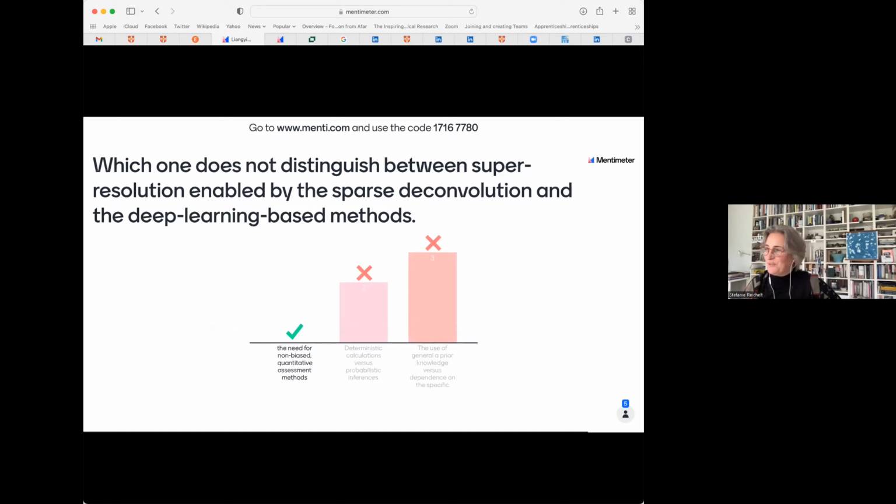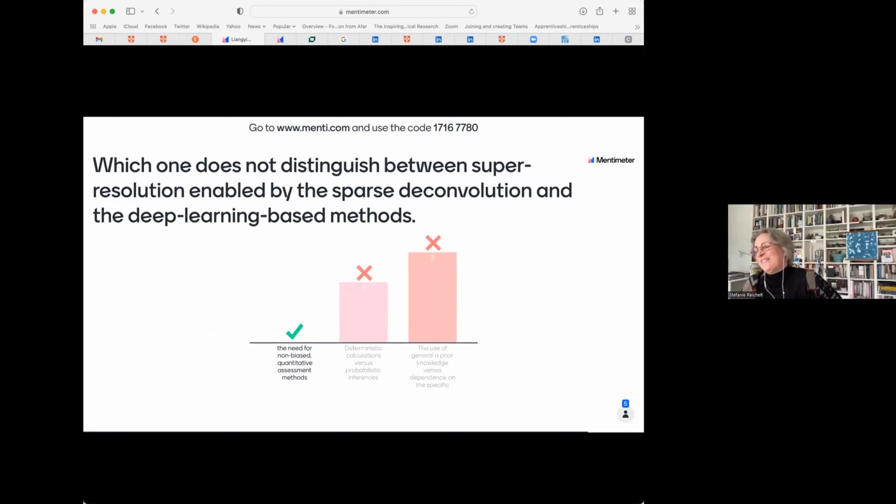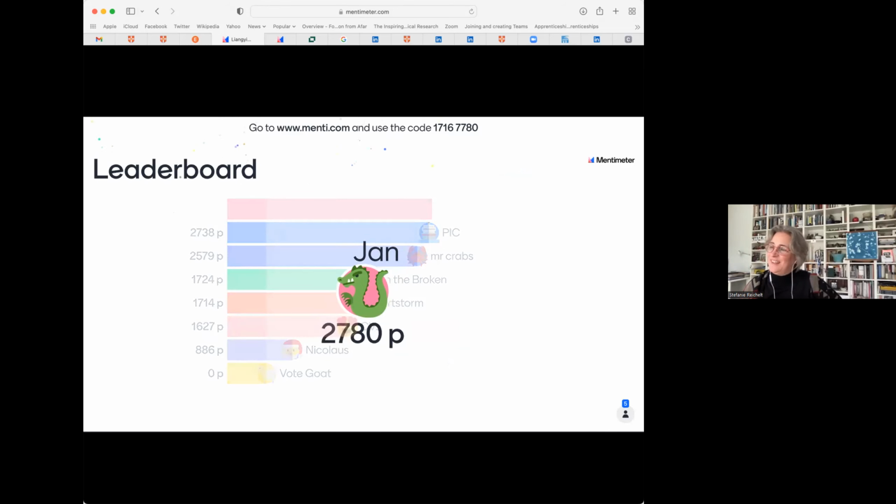Oh, that was a difficult one. Even reading it was actually tough. Yes, that's too long, sorry for that. Again, be careful with the answers, but I think this was really a good learning as well, because it's a very nice way of looking back at your lecture. And we have Jan, who's been very good all the way through.